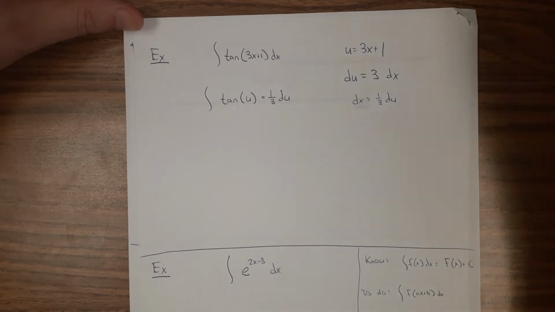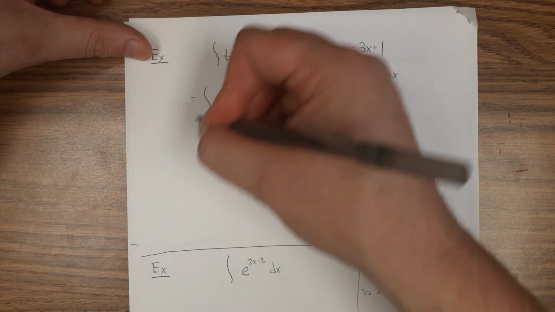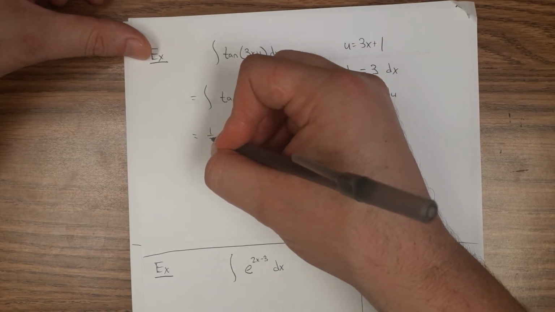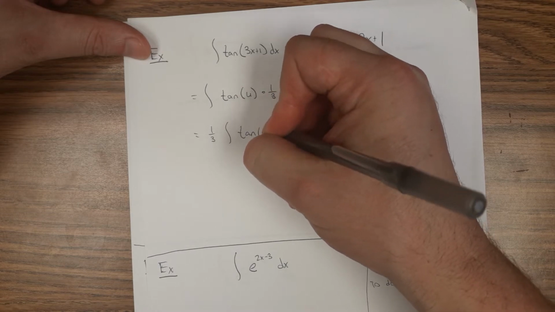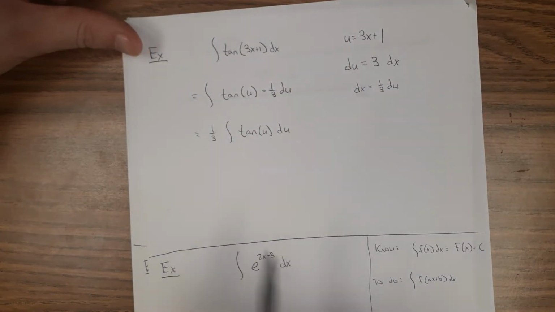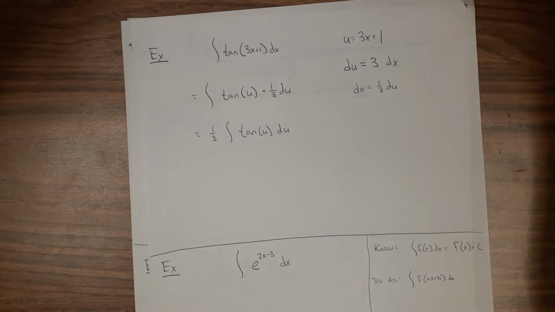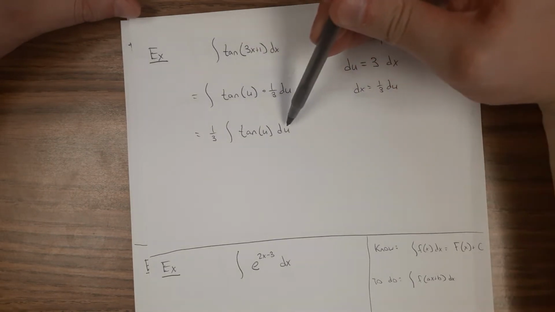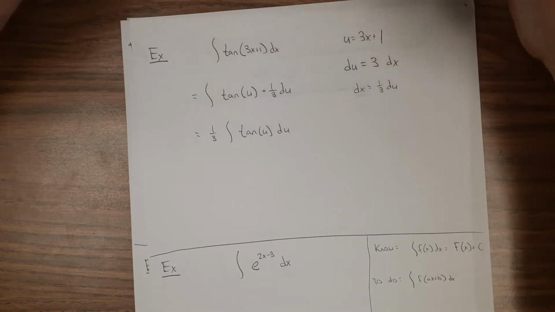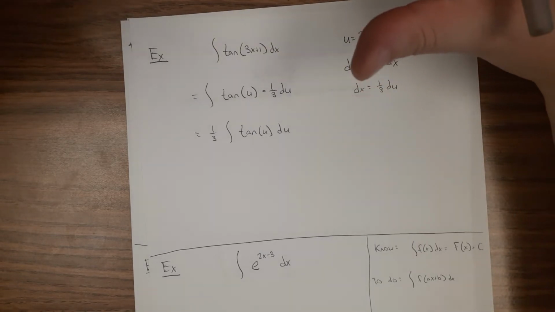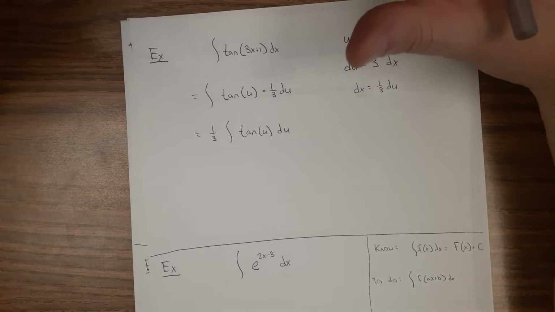Okay. Maybe this is overkill to take a whole step for this, but let me go ahead and pull the 1/3 outside of the integral. And then this is something on our list. The antiderivative of tan x is natural log of absolute value of secant x.